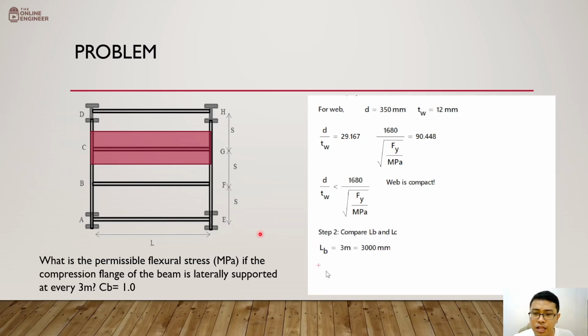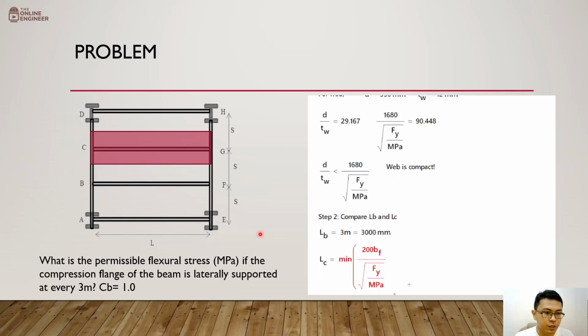Now, what about our LC? So how do we determine our LC? Now, this is what I'm going to do. I'm going to get the minimum of two mentioned formulas in our code or in the ASD manual 9th edition by the AISC. And these are the two formulas. First formula is 200 BF over the square root of Fy.